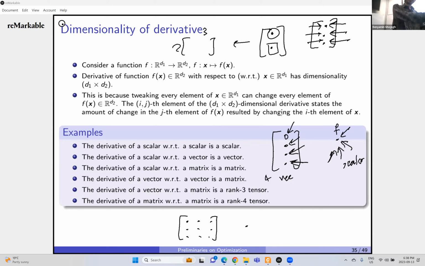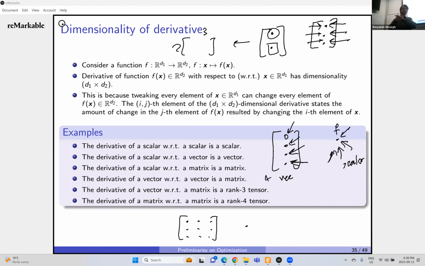Derivative of a scalar with respect to a vector. So let's change the elements of the vector one by one. When I tweak one element, I let the other elements be fixed, right? And then I see how much each change changes that scalar. So derivative of a scalar with respect to a vector becomes a vector.